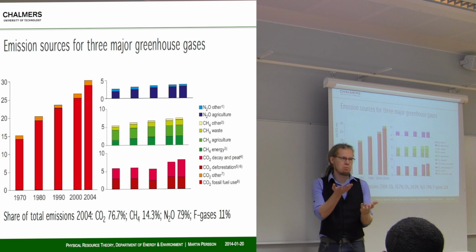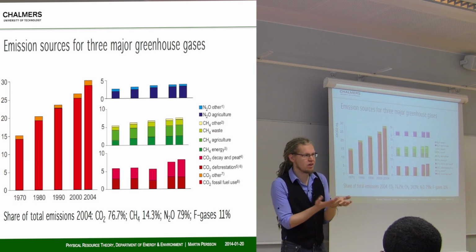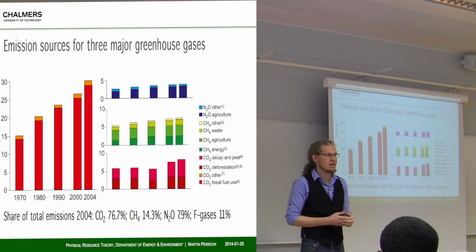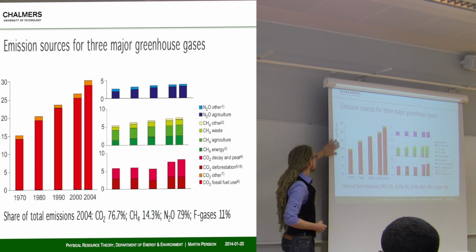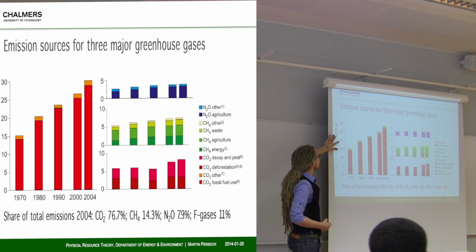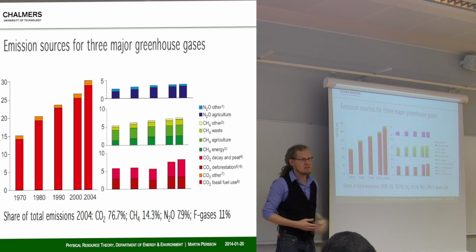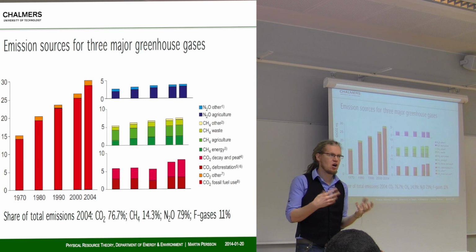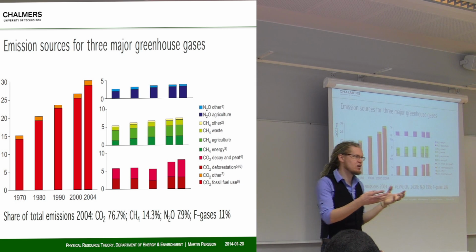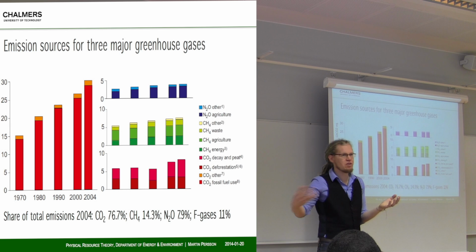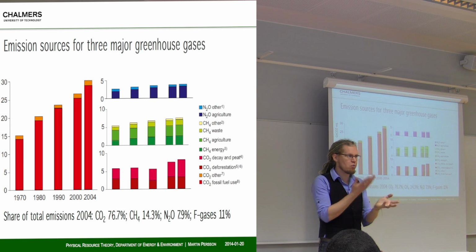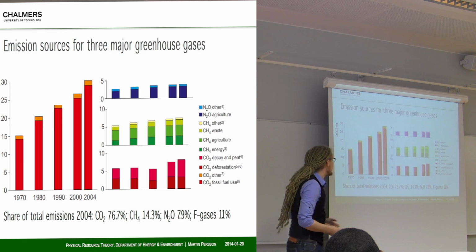Then you can convert this, and I will go into this. How can you compare emissions of different greenhouse gases on one scale? You can calculate what you call emissions in carbon dioxide equivalents. But this is not unproblematic, because different greenhouse gases have different strengths, but they also have different lifetimes in the atmosphere, and you have to weigh this together to get an equivalent measure.